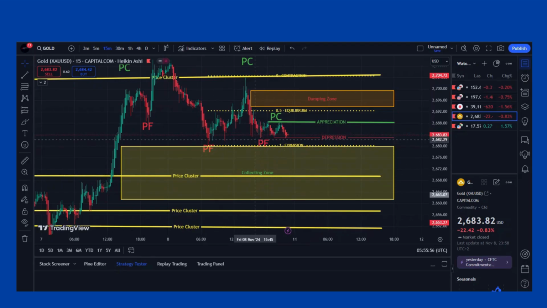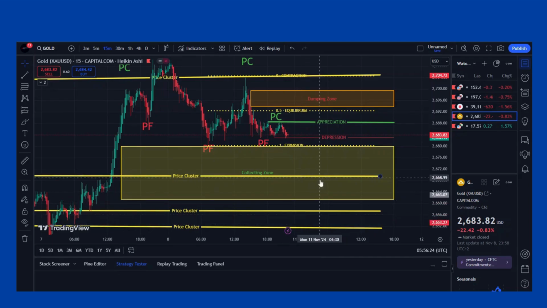All right, so the next thing is to see, based on our model, what step we need to follow first. We look at this and we see that we have a big collecting zone towards the downward direction, so there's a possibility that the market will break the price depreciation and go to the price expansion level, retrace, and go to the price clutter, taking all the price mitigating this collecting zone.